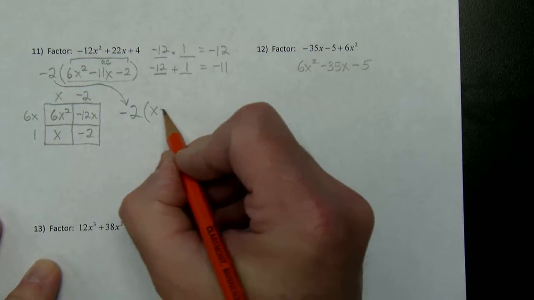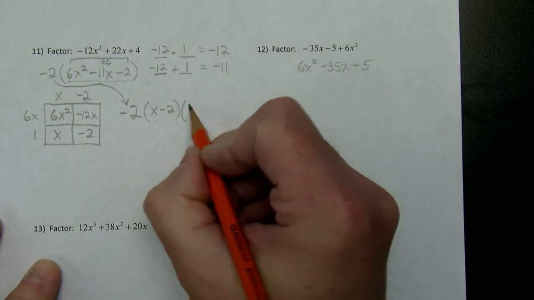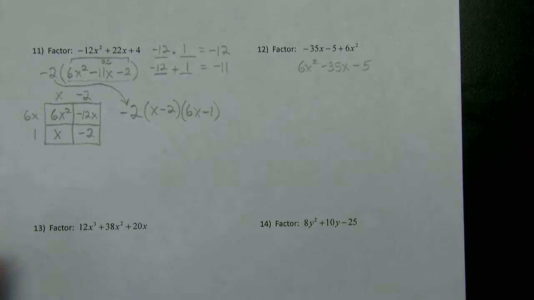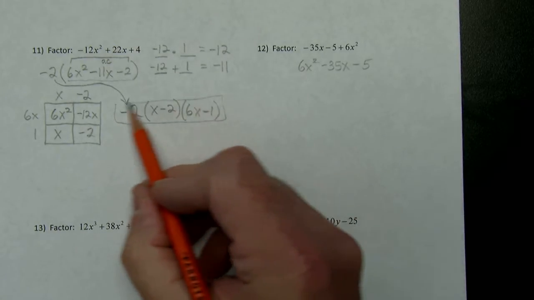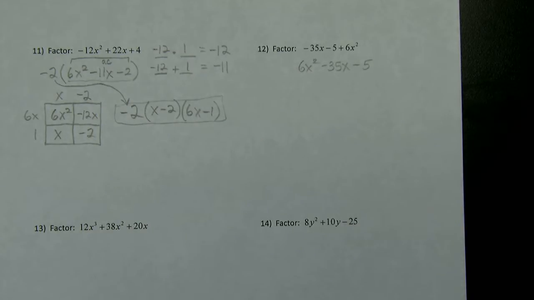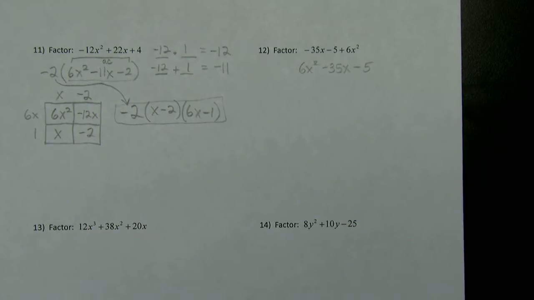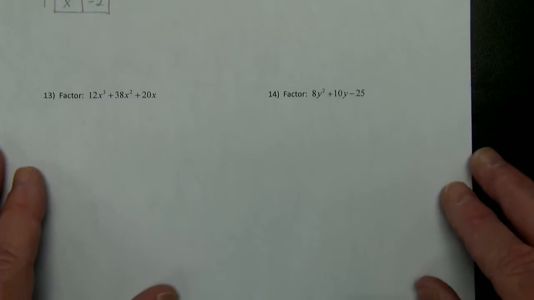And then I have x minus 2 on the top, and I have 6x minus 1 there. If I multiply these back out, I should get the polynomial I started with. Okay, so I'm going to do a couple with the AC method, which is very similar. It's the same idea, but just a little different look, in a separate video.